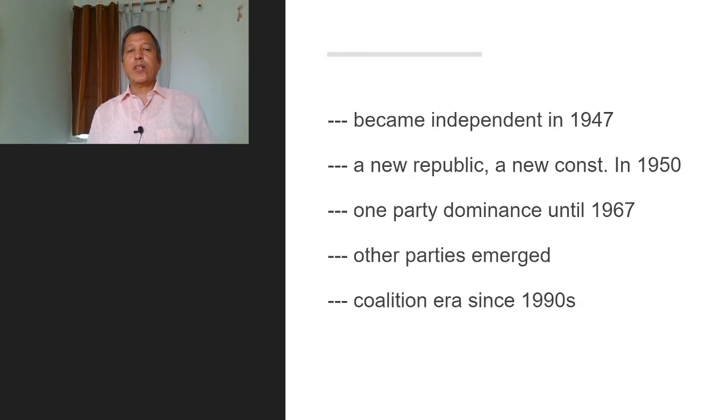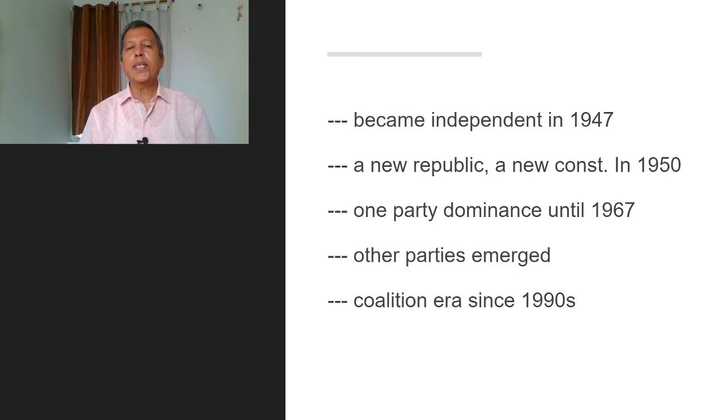Now coming back to India, we know India became independent in 1947, a new republic, and a new constitution was adopted in 1950. We also know it was a multi-party democracy, but it had a one-party dominance until 1967. After that, things started changing, and other parties started emerging.